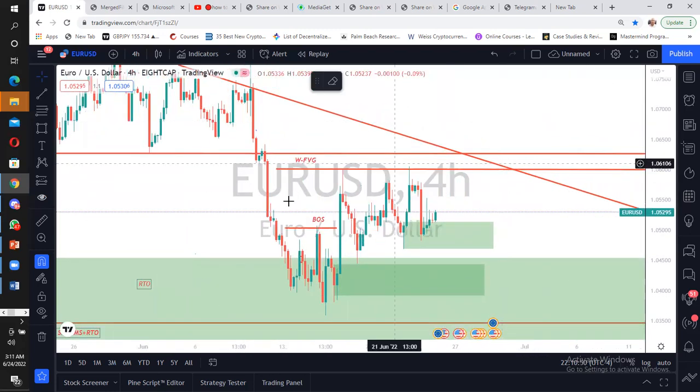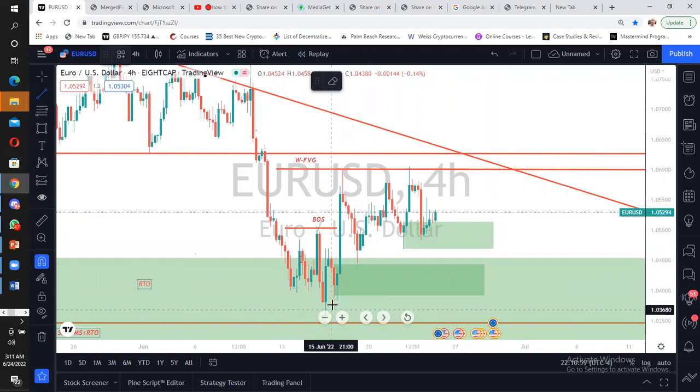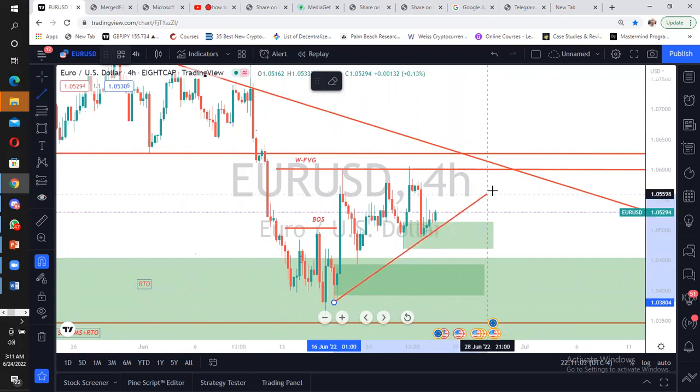So we'll have this trend line liquidity.